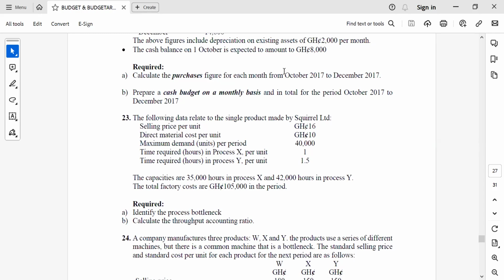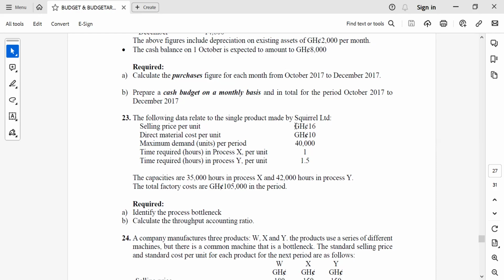Are you sure? It's 2.5. Okay, I'm talking about 2.5, total bottleneck per unit. That's what I'm asking.